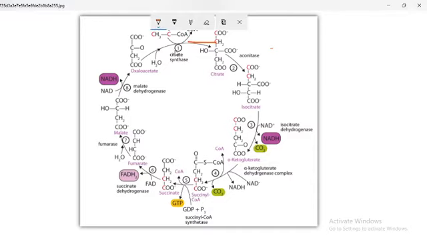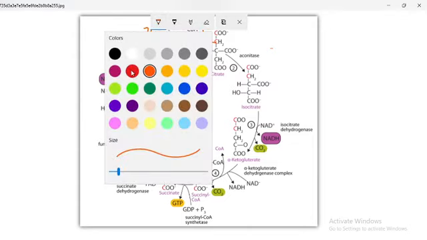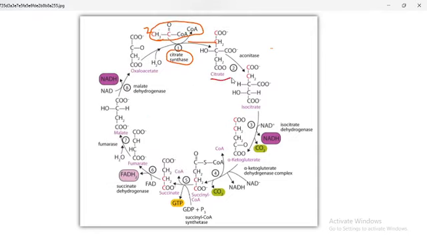So the citrate synthase combines these two molecules with acetyl-CoA to form a compound called citrate, the 6 carbon compound.